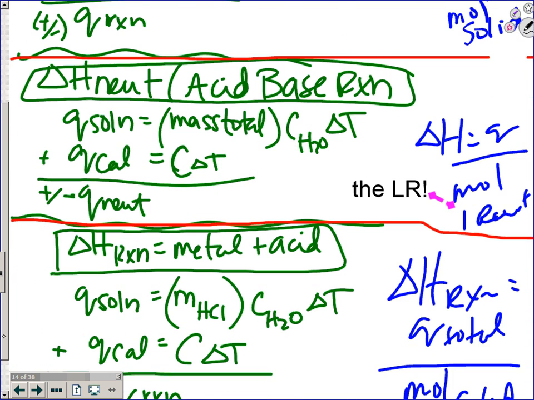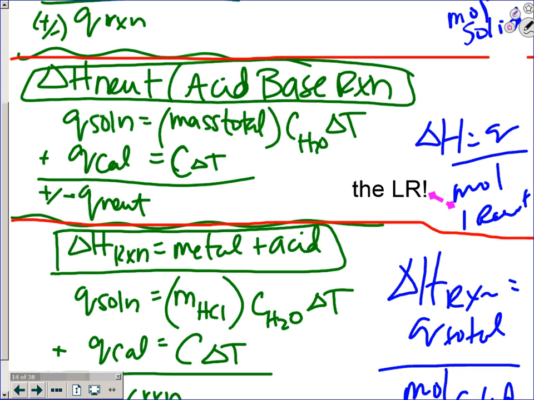The next style is when we have acids and bases coming together, like a liquid aqueous solution of an acid, liquid aqueous solution of a base. Whenever we add those two compounds together, we then again take solution total. So even if you just want to write down the idea of what's happening, like acid-base reaction, put mass total, that means the solution of the acid plus the solution of the base to give you your mass.